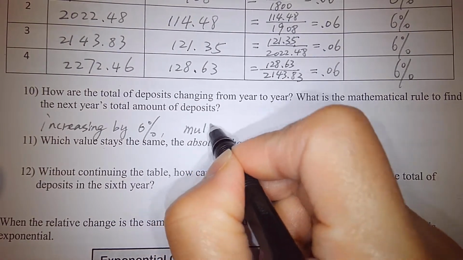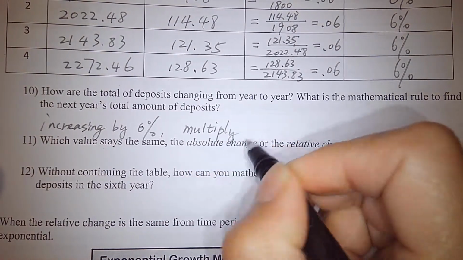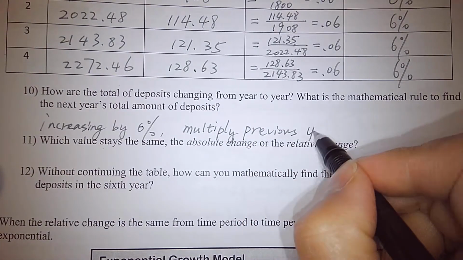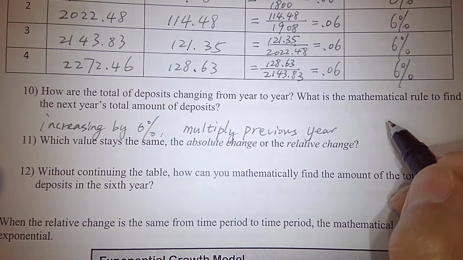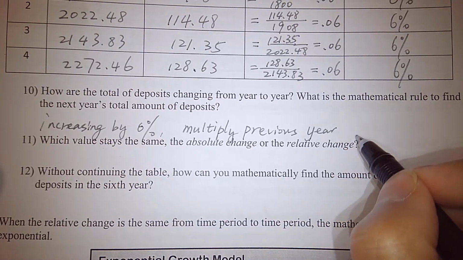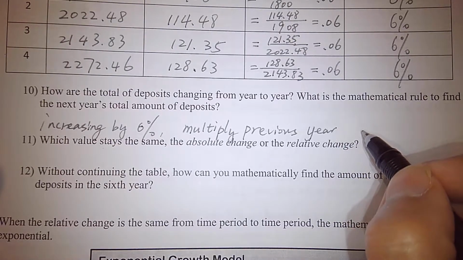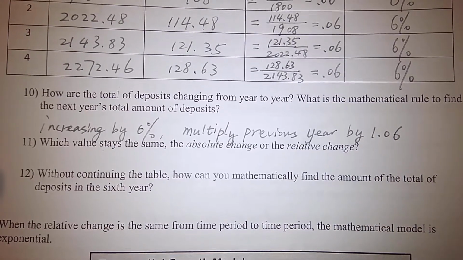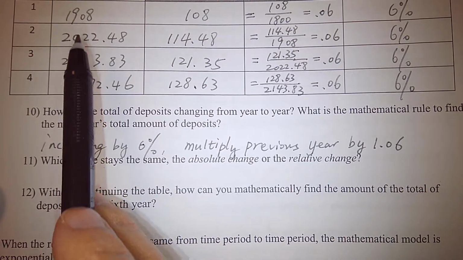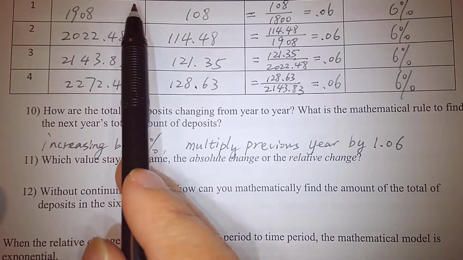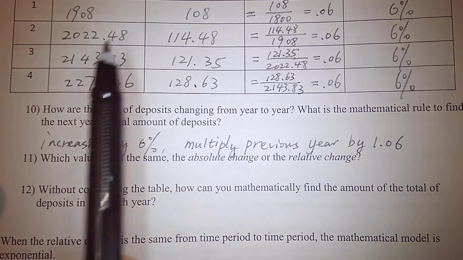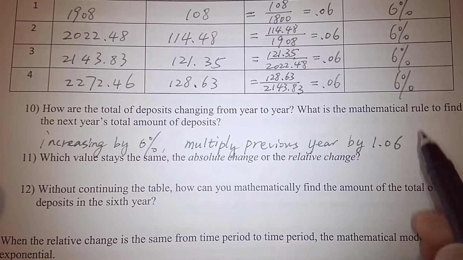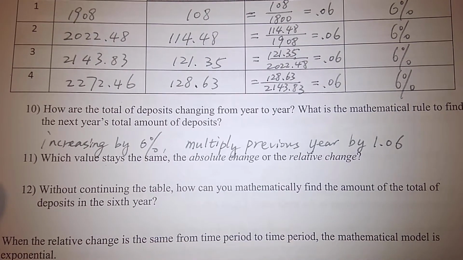Multiply the previous year's amount by what? 1.06. That's what we did, right? Remember how we got these numbers? From the previous year multiplied by 1.06. Or 106%. Just say 1.06.